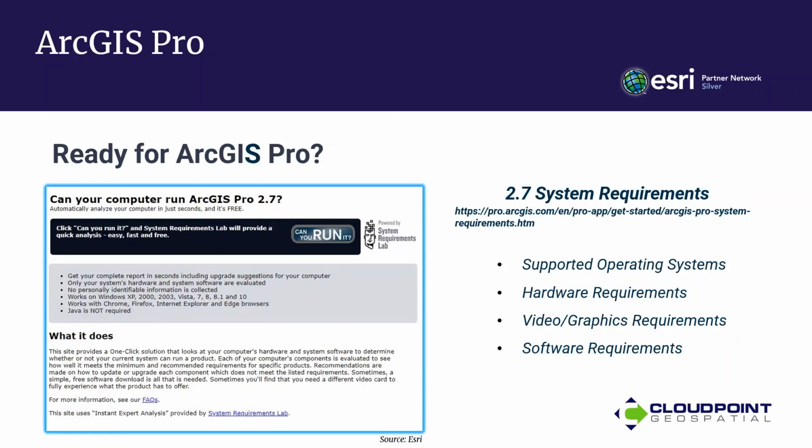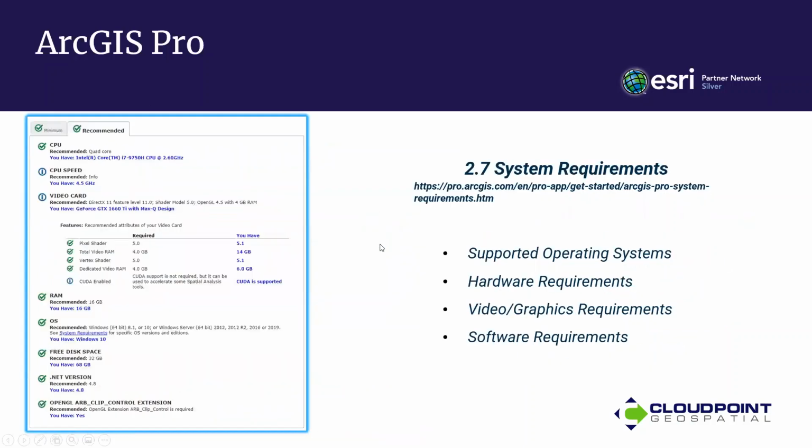It analyzes your computer, the operating system, hardware and software requirements, video and graphics components, and it then produces a report to show how well your system matches the minimum and recommended settings for using ArcGIS Pro. So while you might be ready to migrate to Pro, you may not really know if your computer is ready until you run this tool.